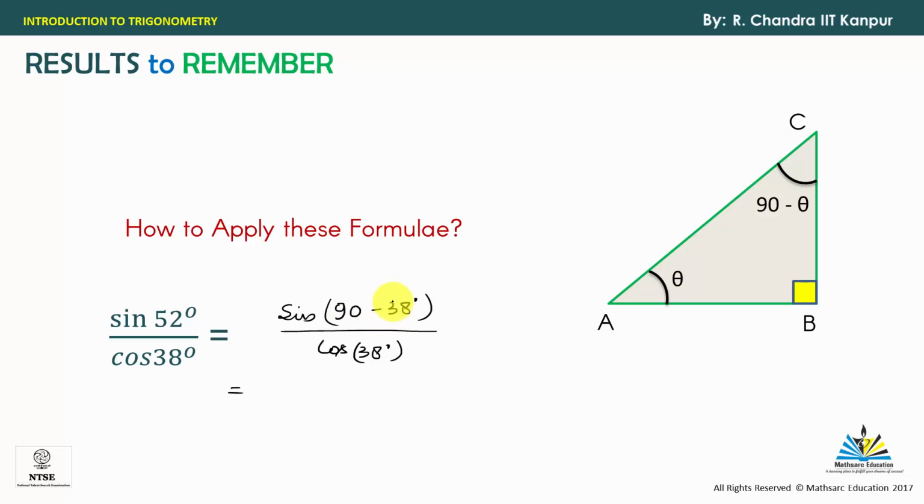So theta is 38 degree. Hence this becomes cos of theta, theta is 38 degree. So cos 38 upon cos 38 degree, and if we cancel them, then this becomes equal to 1. So you can apply complementary angles in solving such kinds of problems.